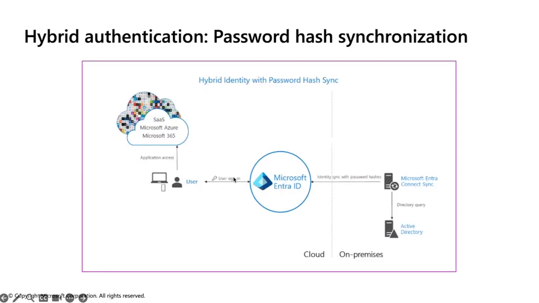But you can use the same ID and password to access your on-prem resources as well, because the ID and password are the same here and here. This is known as the password hash sync authentication method.